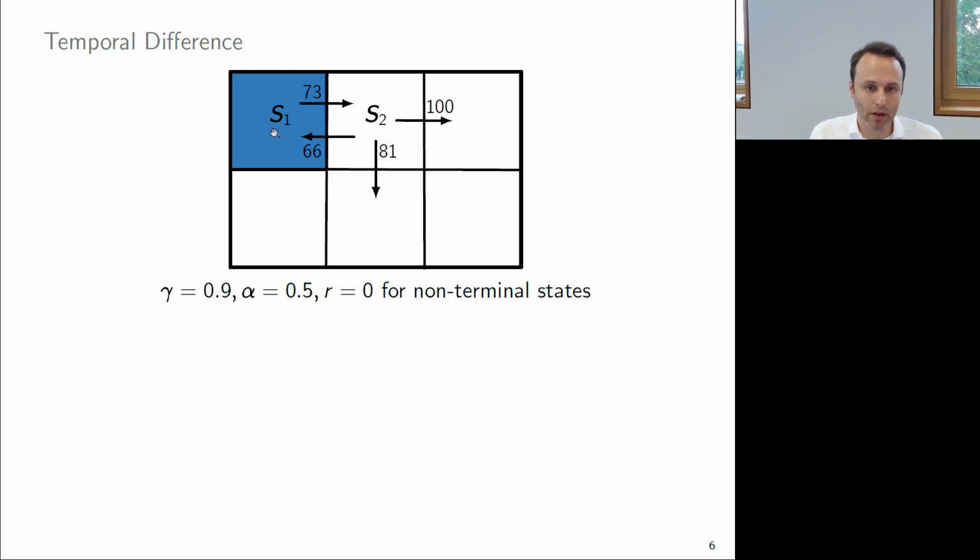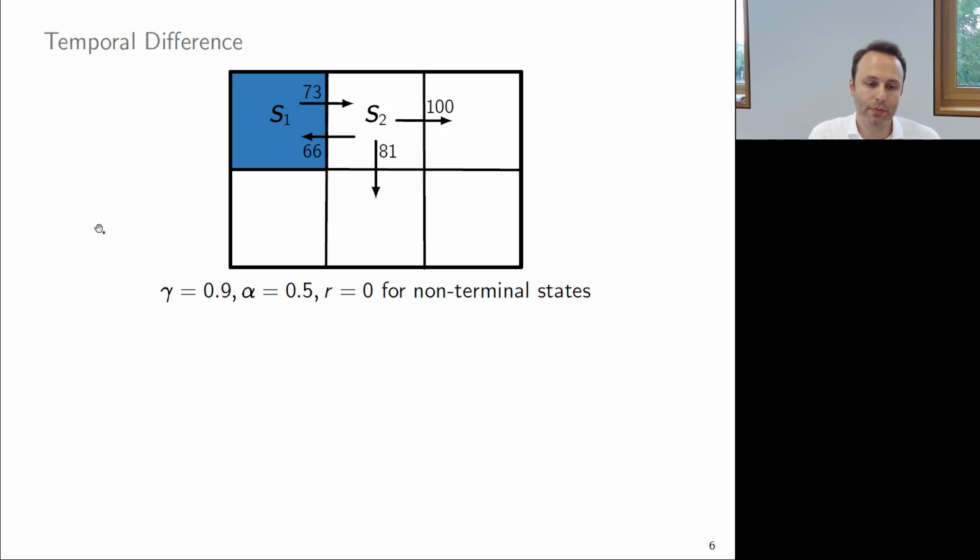So we start in state S1, and we have been there already, and we went already to state S2. So we have a 73 here. That was our estimate for taking that action. Now, if we are in state S2, we have previously seen that when we go right, we get 100. When we go down, we get 81. And if we go back to S1, we get 66.